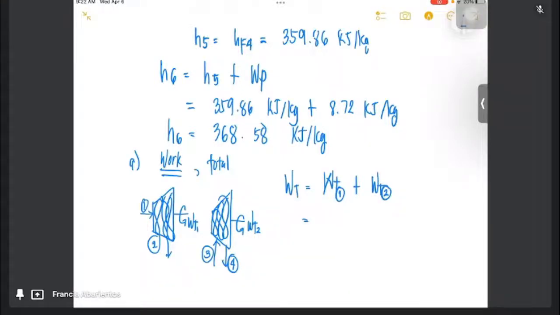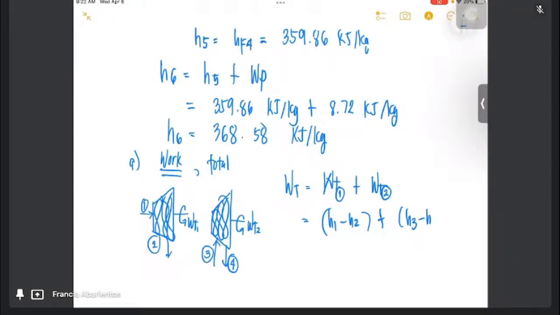What is the work of the turbine at the first stage? Entering minus leaving, we have H1 minus H2, plus for the second turbine, H3 minus H4.